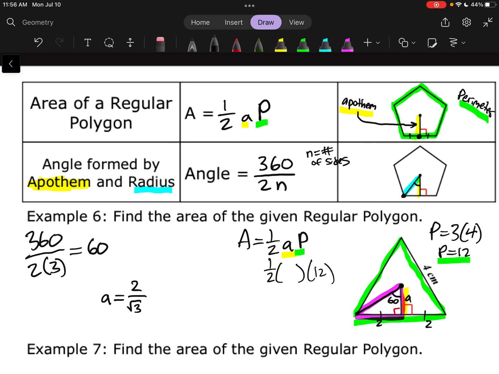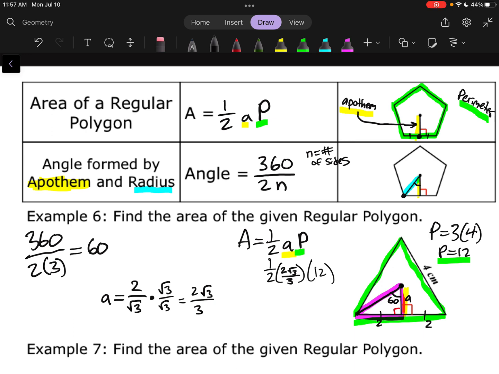Now, we don't like having the root 3 on the bottom, so we multiply by root 3 over root 3, and we get 2 root 3 over 3. That is the apothem. Now, that's pretty ugly, I know. But when we multiply all this together, some cool things happen.